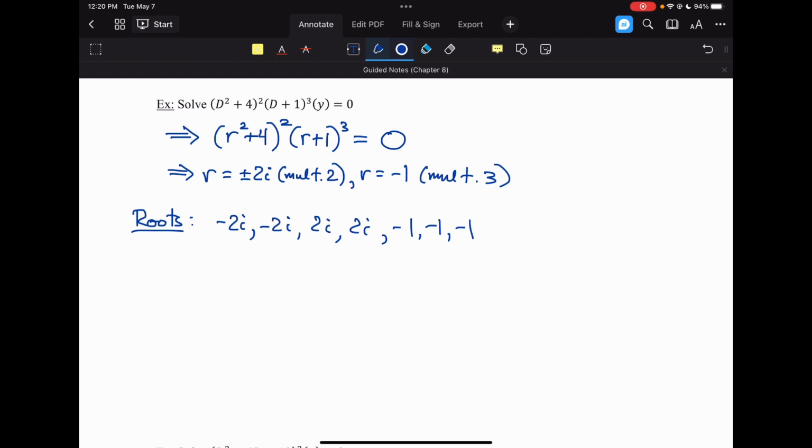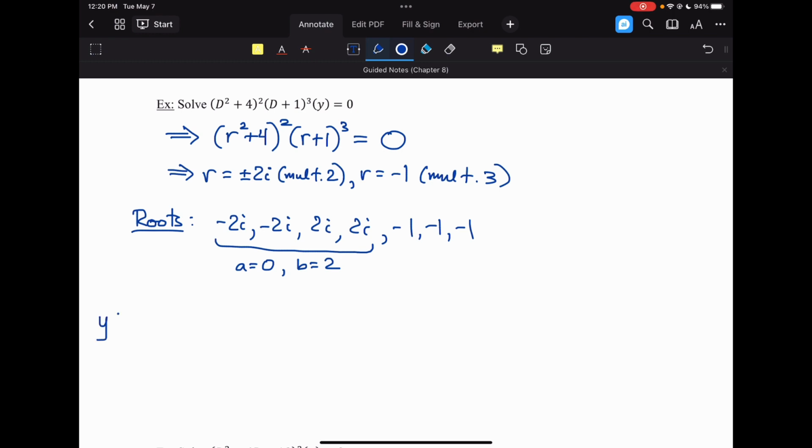So we've got not only complex roots, not only repeated roots, but also repeated complex roots. All of these complex roots, by the way, the a value is 0 and the b value is 2, because it's a plus or minus bi.